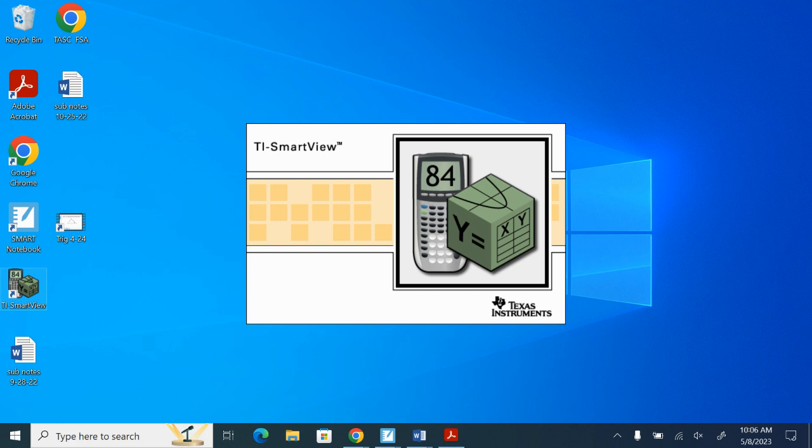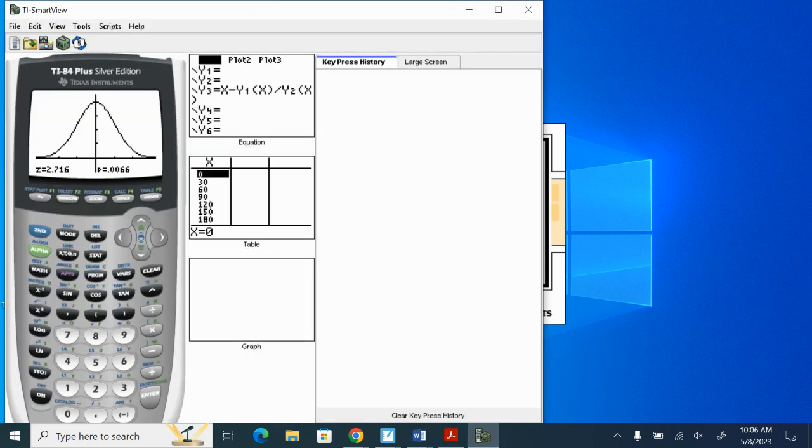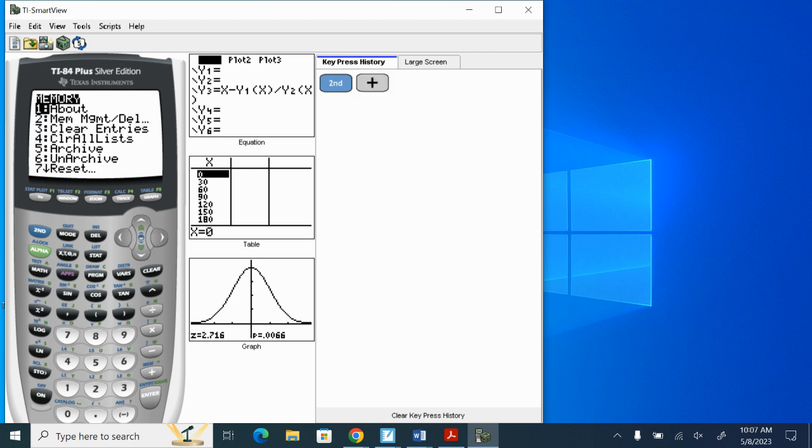Once again, clearing your lists. To clear your list, hit your second value and your plus sign, option 4 clears your list. So now you can enter in your data values.